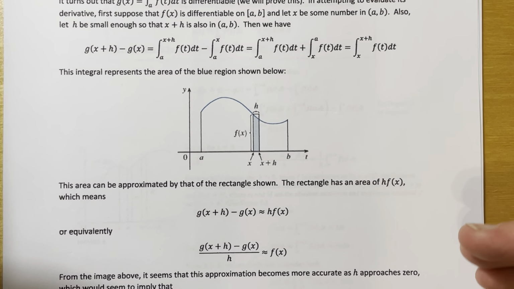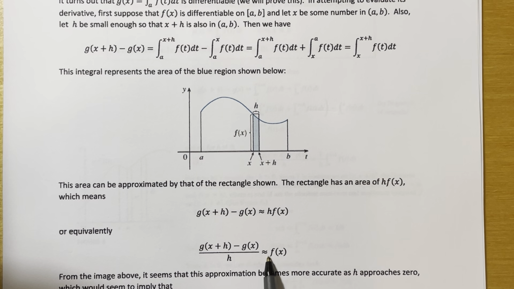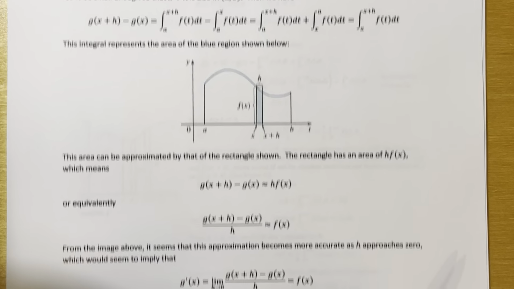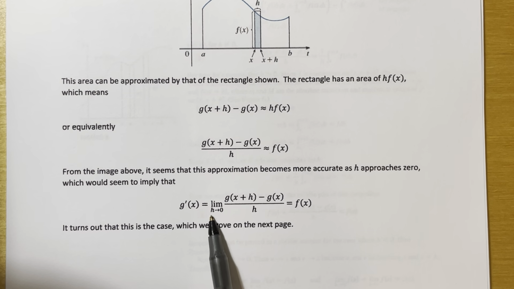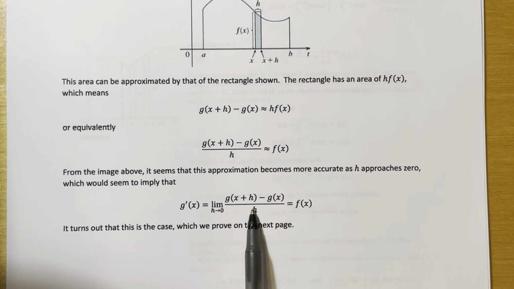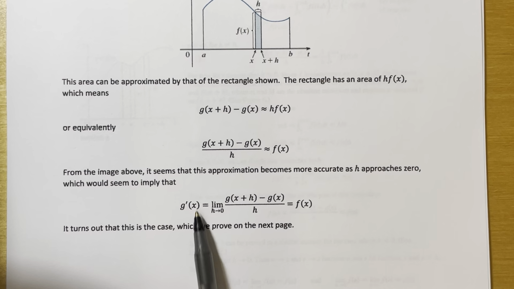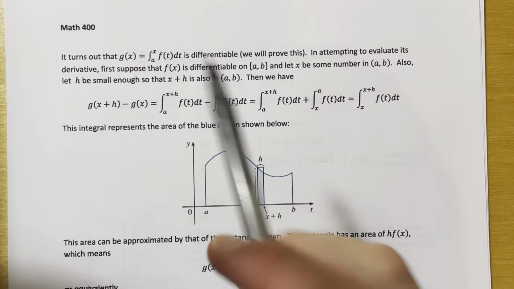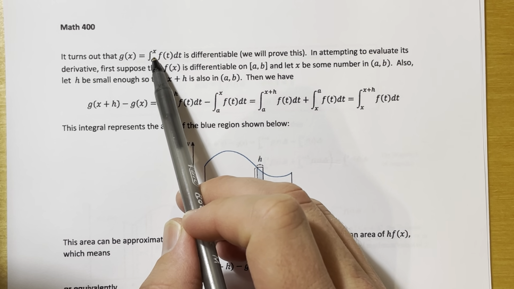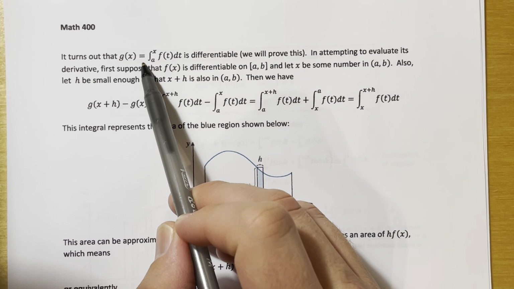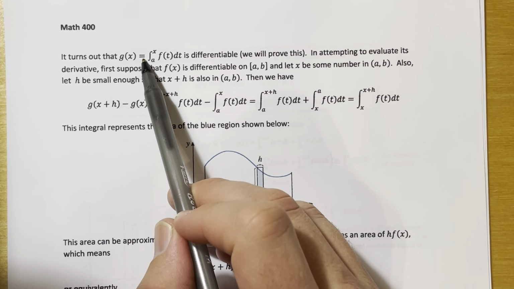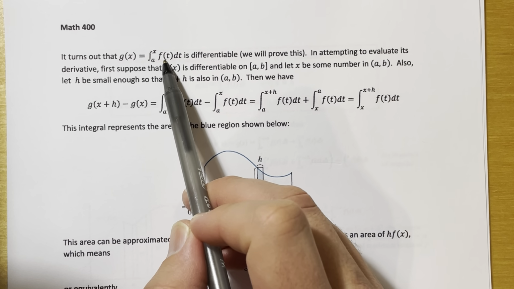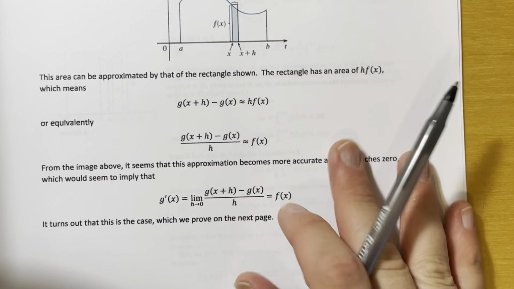I'm expecting that error to shrink to 0, which means that this approximation would be made exact as soon as I take the limit as h goes to 0. So that seems to suggest that this limit, which is the same thing as g prime of x, is equal to f of x. In other words, if I take this integral function and differentiate it with respect to x, the derivative and the integral in a certain sense cancel each other out and leave me with just the integrand, f of x.